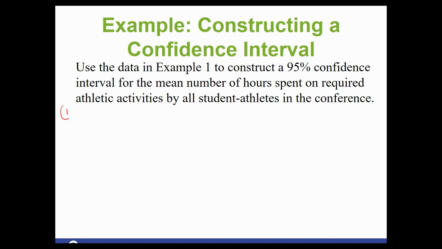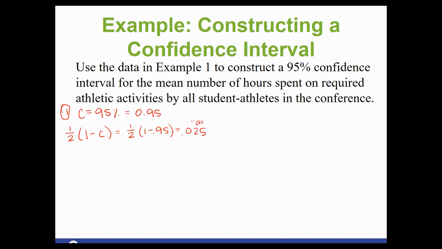So step 1, you are given your confidence of 95%, which is the same as the decimal 0.95. The first thing we need to do is plug it into 1/2 (1 minus c). So 1/2 (1 minus 0.95) gives us 0.025.